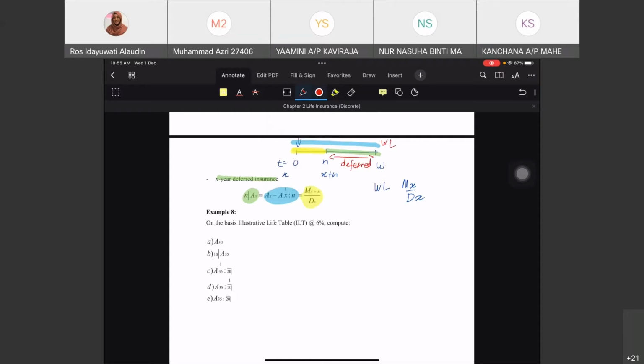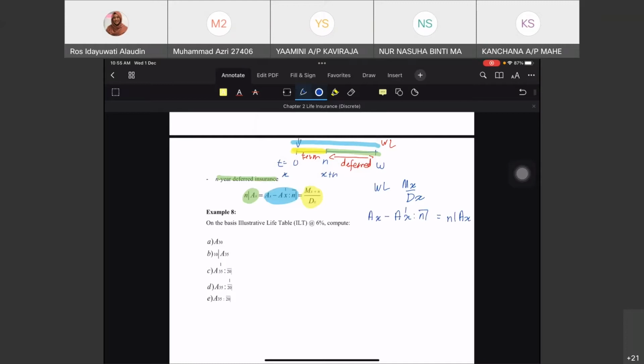So whole life minus term, we can get the deferred whole life insurance.